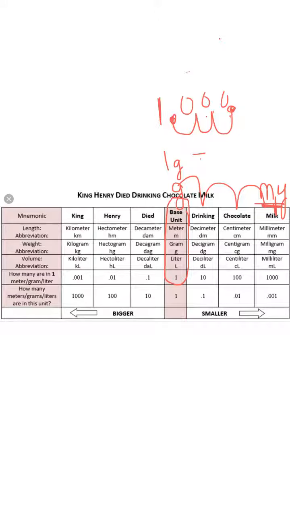So 1 gram is equal to 1,000 milligrams. So you would go get your salt and put it on the scale and weigh out 1,000 milligrams, and that would be the same thing as 1 gram.